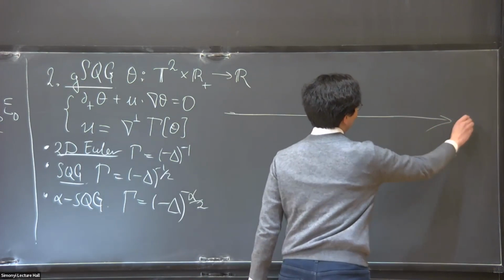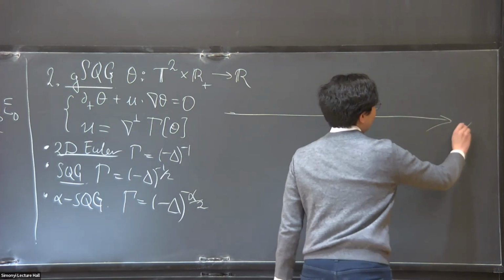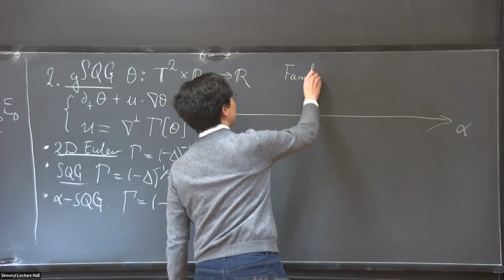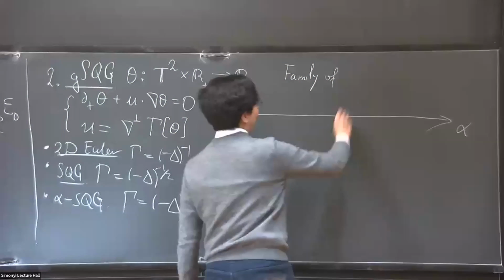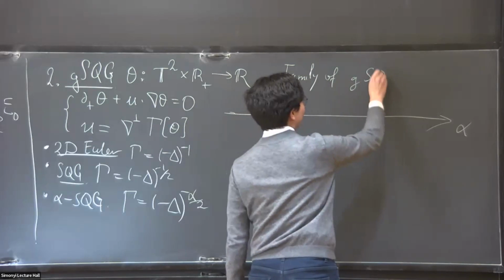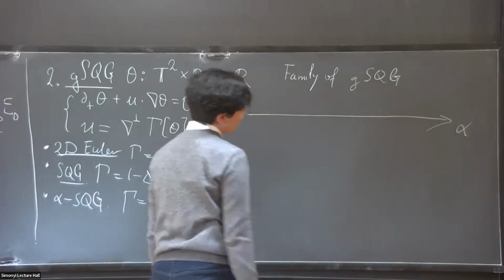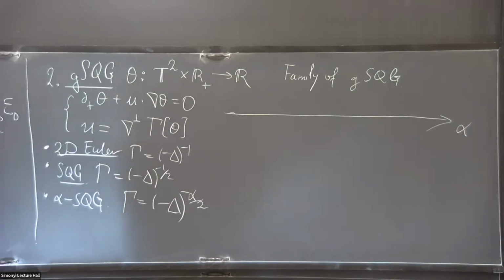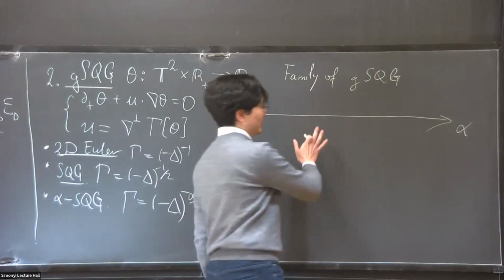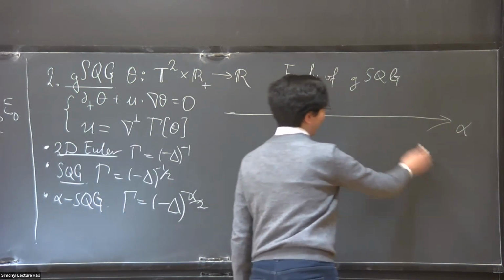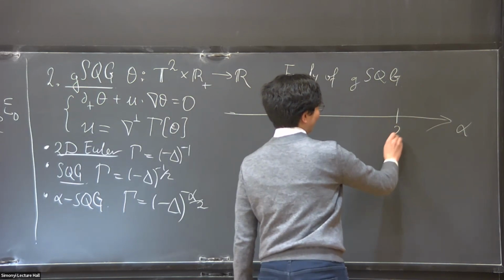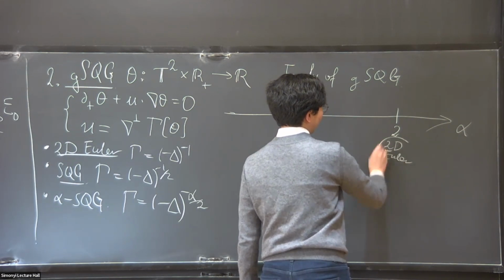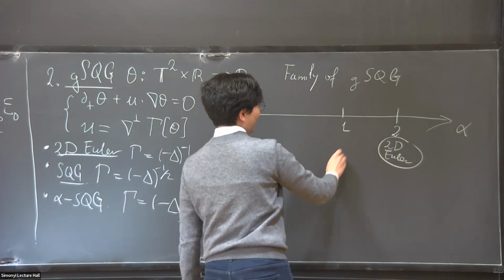And here's some diagram. So this is a family of generalized SQG equations. And alpha is really this alpha, which is the power of the Laplacian. So the equation becomes more regular in this direction. And when alpha is 2, this is 2D Euler. When it's 1, this is SQG.